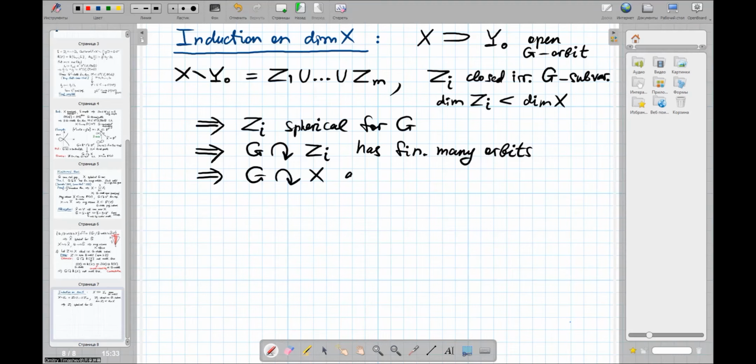Professor, I have a question. Why is the G-stable subvariety in the complement of Y naught irreducible? Not the whole complement is irreducible, but this complement is a closed subvariety in X. A complement to the open orbit is a closed subvariety, and we decompose it into irreducible components.